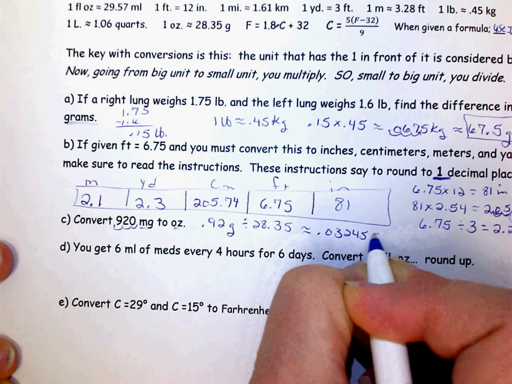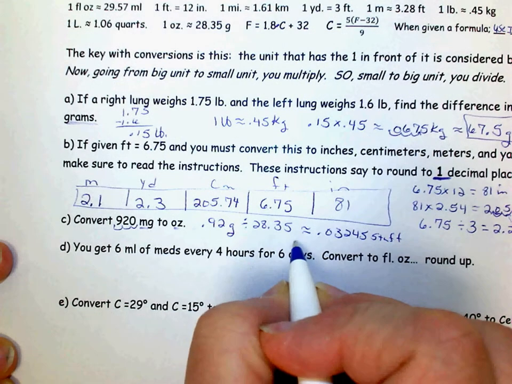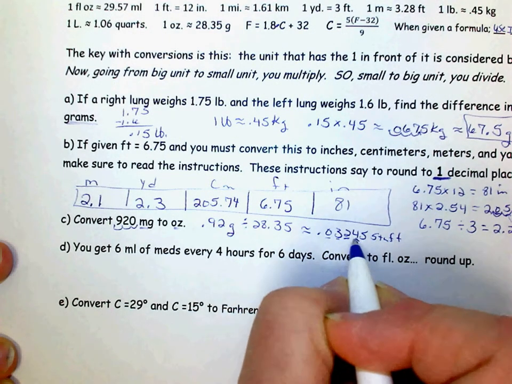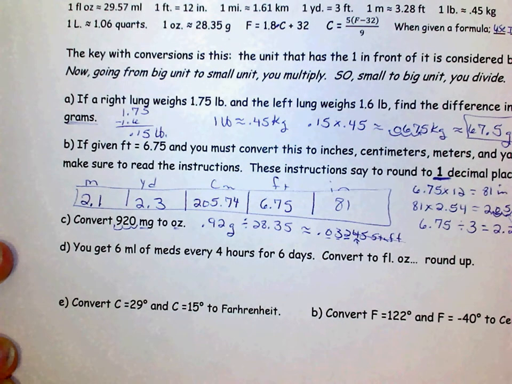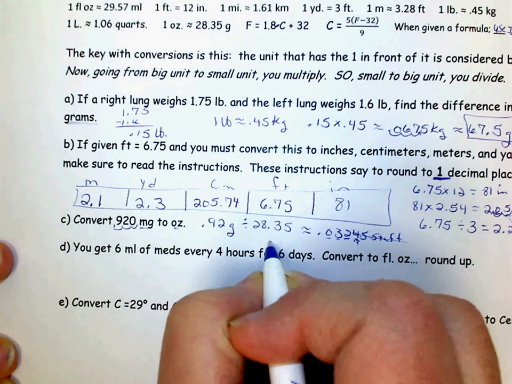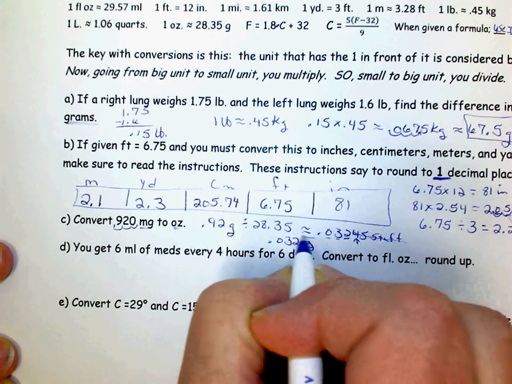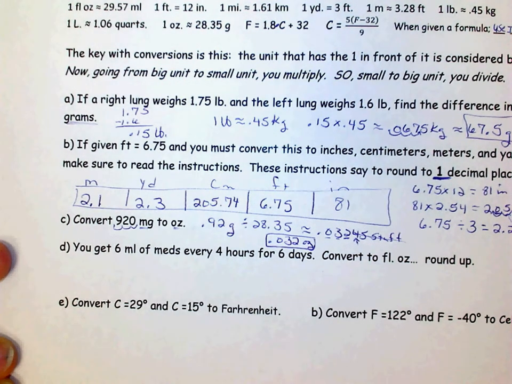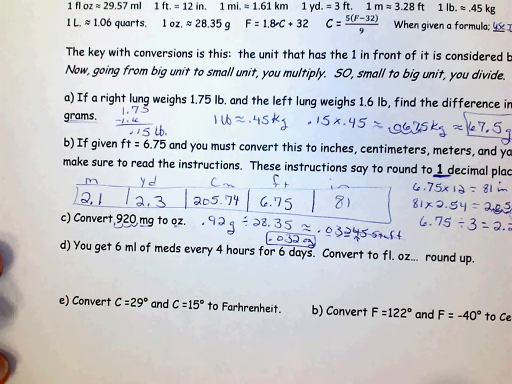And it'll probably ask you to round to 3 decimal places. So 1, 2, 3. This is smaller than 5, so I just knock off the 4, 5 stuff. So our answer here is 0.032 ounces. And I know I'm writing really small, and I'm sorry about that, but I needed to catch it all in one page.